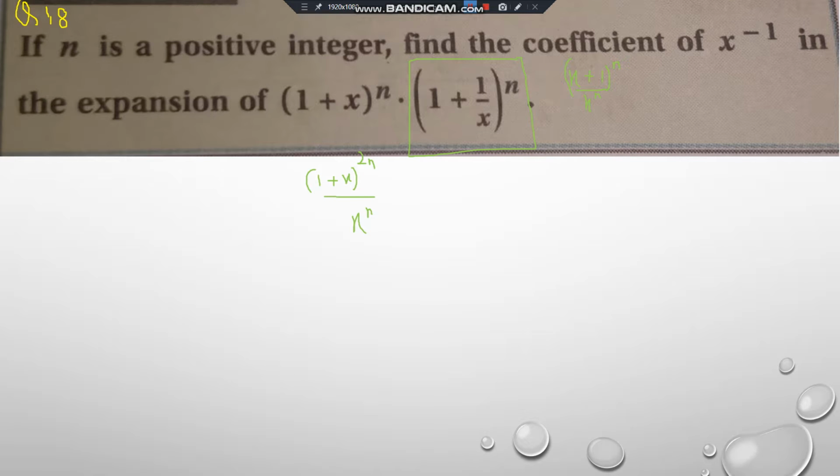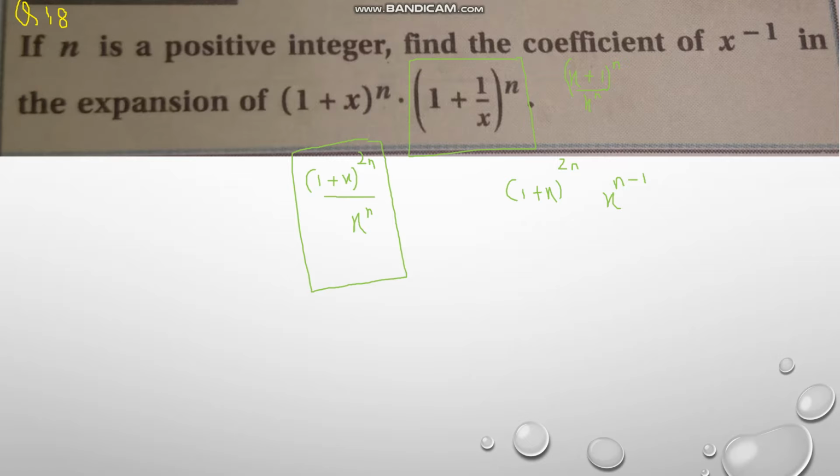So we need to find the coefficient of x to the power minus 1 in this expression now. From this expression we need to find the coefficient of x to the power minus 1, from where we can again write the coefficient of x to the power n minus 1 in this.